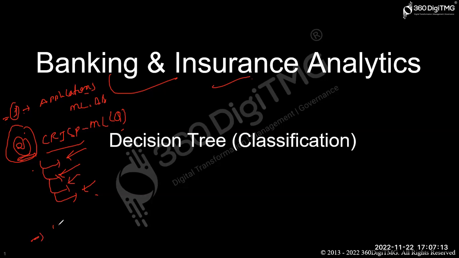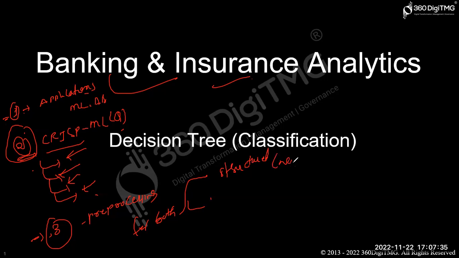And then on the third day of the session, we discussed pre-processing. What are the various pre-processing techniques for both structured data, that is numerical data, and unstructured data, that is textual.